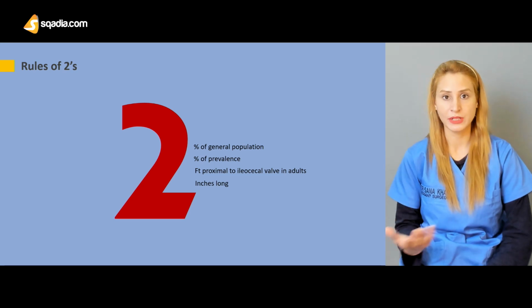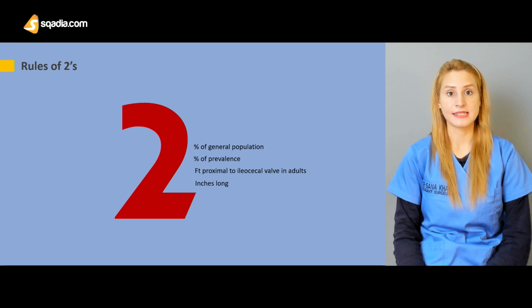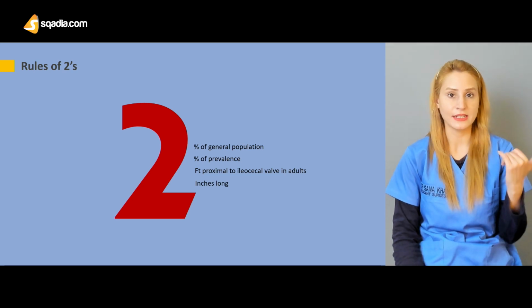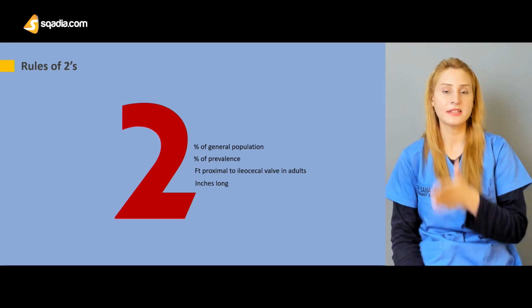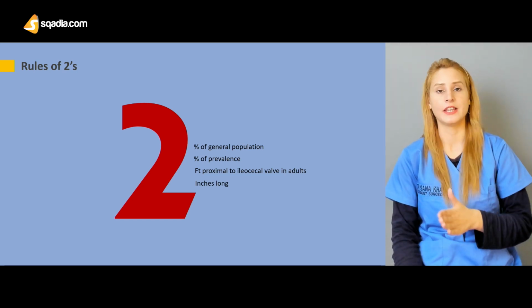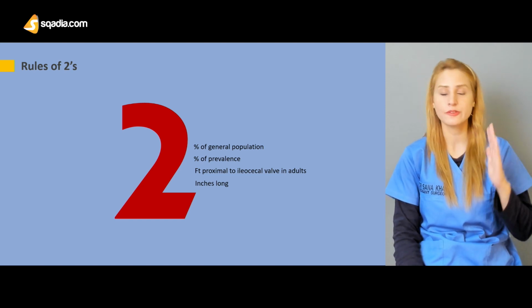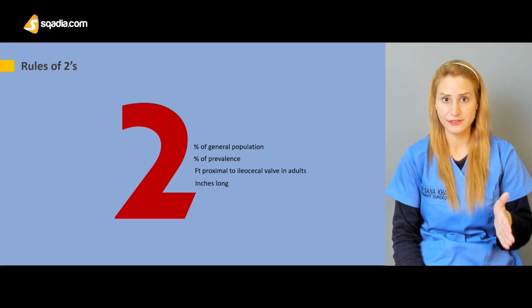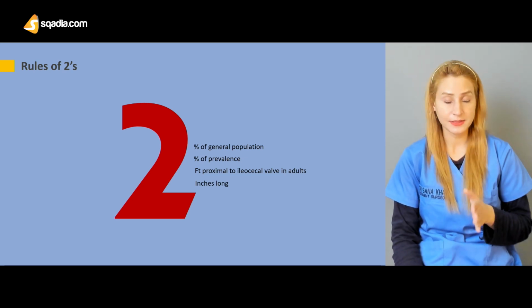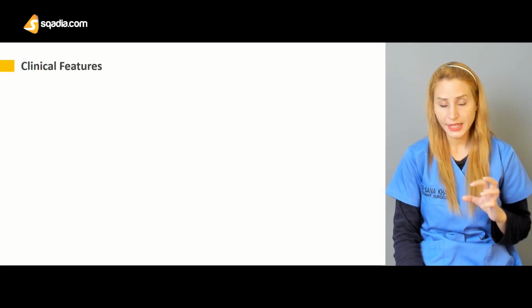When you open up the patient, the appendix seems perfectly normal, but there is an inflamed Meckel's diverticulum, which is Meckel's diverticulitis. So remember the rule of two: 2% of the general population, 2% prevalence, 2 feet from the ileocecal junction, 2 inches long, which is almost 5 centimeters in length.